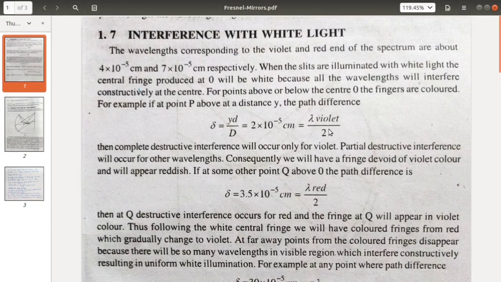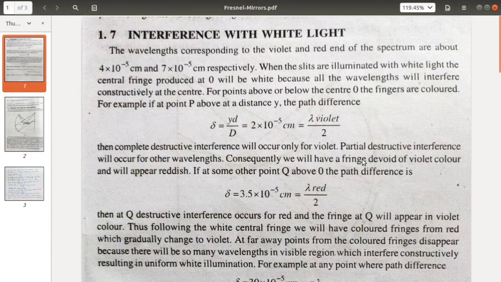So the violet color interferes destructively at a point having a path difference of 2 into 10 to the power minus 5 centimeter, at a distance y from the central point O. So we will get a fringe devoid of violet color at this point.